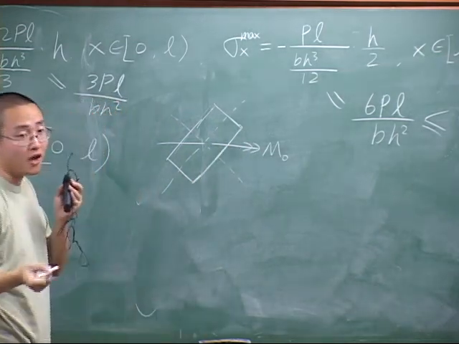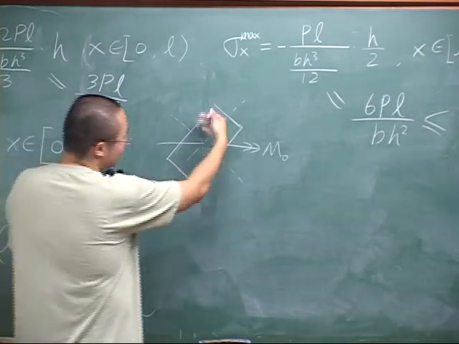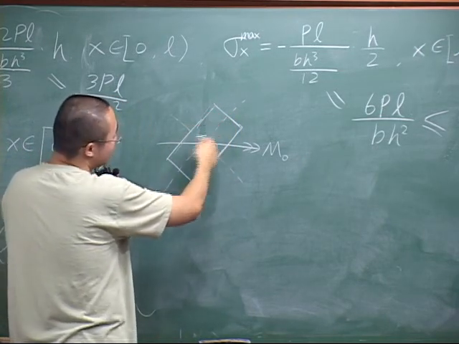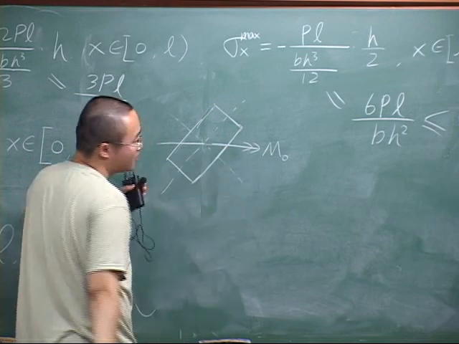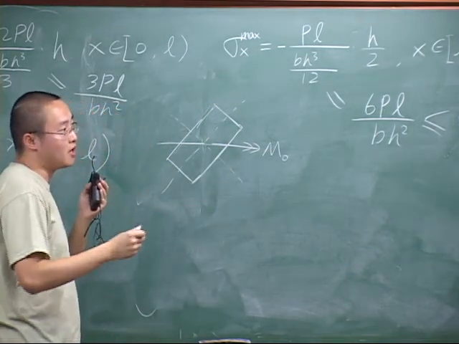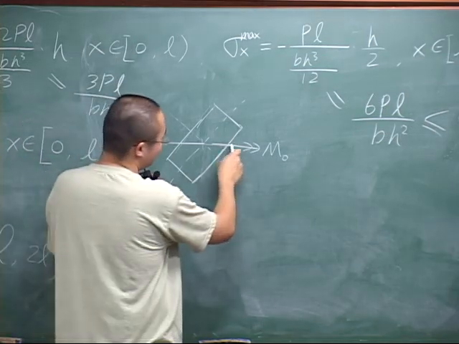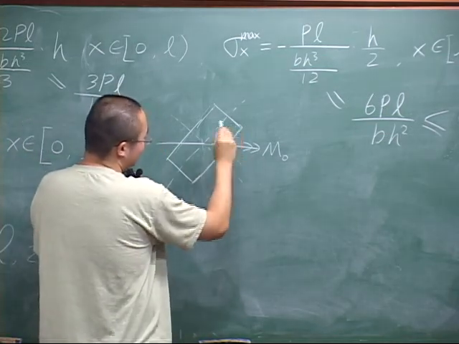Well, moment is also a vector, right? You don't need to calculate the moment of inertia with respect to this axis, because in this case you would need a complex formula. You would need to consider a lot of rotations like sine, cosine, which is not necessary.